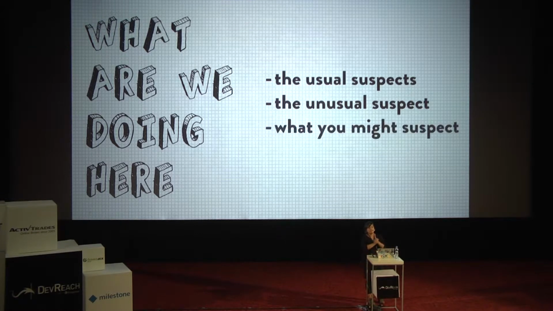And then we're going to do what you might suspect. We are going to walk through the code of creating a Node application, just a really quick, real-time socket chat application, at the end using Vue, and creating it as a progressive web app, but I'll talk about that a little later.